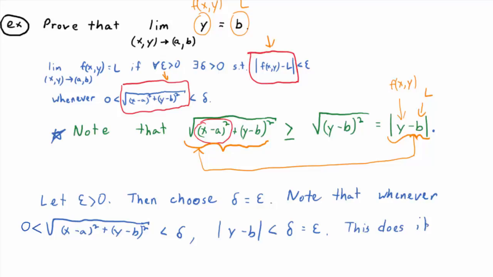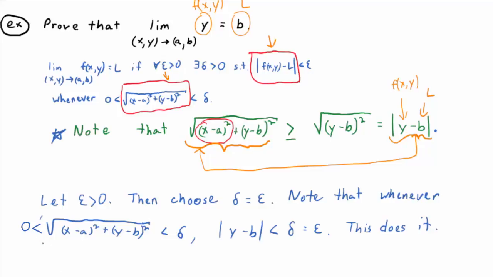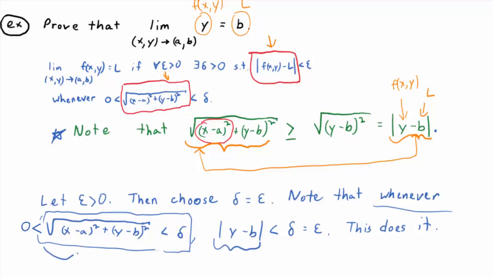Again, if you haven't looked at the definition in a long time, this is probably all Greek to you, and that's okay. But all I'm saying is, if we assume this is true, that's what I mean by the whenever. If we assume this is true, since this guy is less than this guy, it is also less than delta, right?